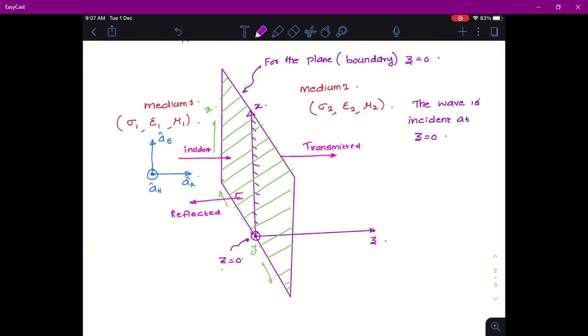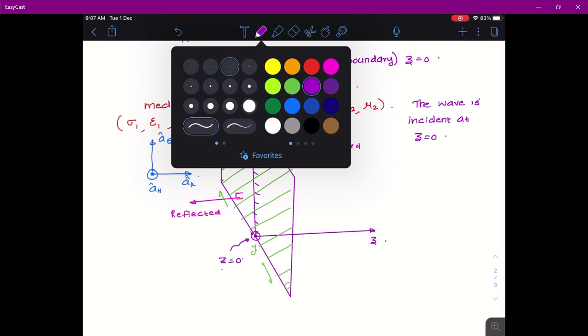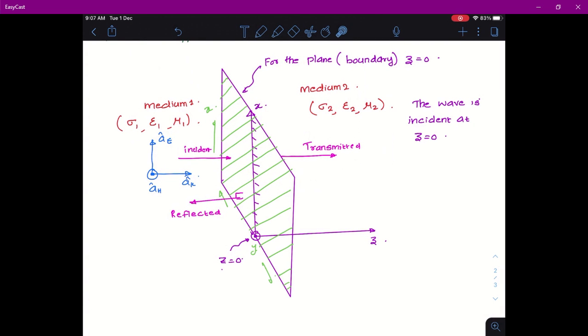Now this we are taking because we are just making it simpler. The wave can be incident maybe at x equal to 0, y equal to 0. In that case, the necessary changes need to be done. But here we are assuming that the wave is incident at z equal to 0. Now, when the wave is incident, we have already seen the corresponding directions.